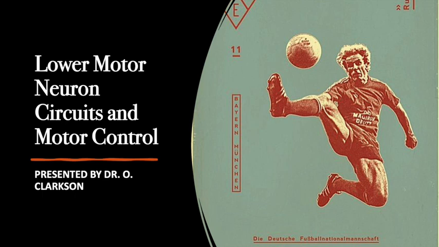Now, alpha and gamma are going to be synapsing with the anterior horn. When you have sensory input coming in from the dorsal column, it's going to be sending signals to the motor neurons coming off of the ventral horn of the spinal cord.